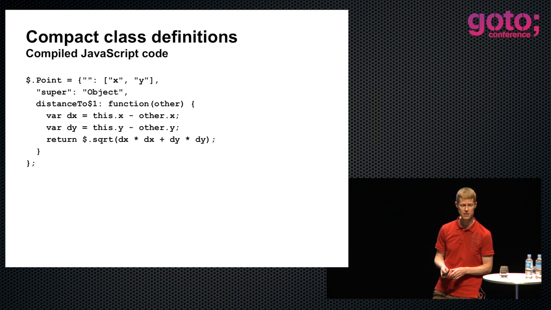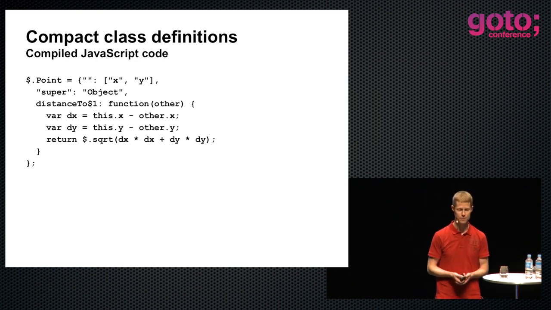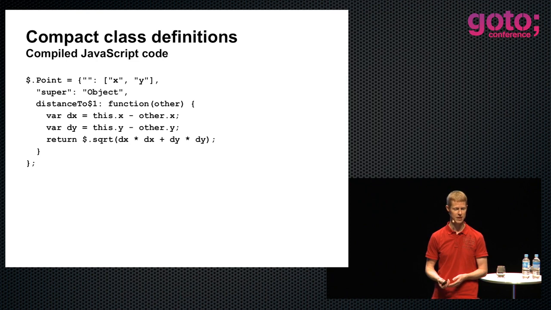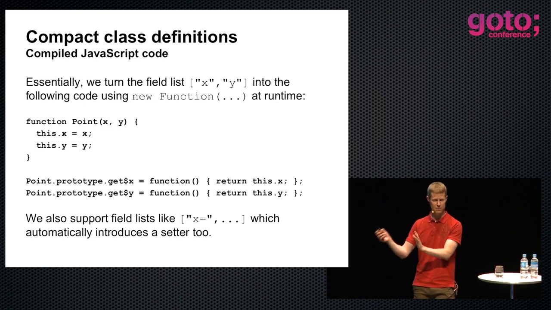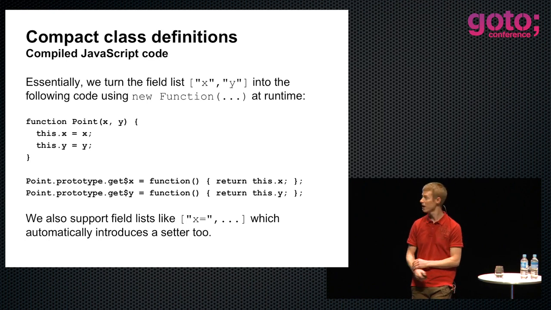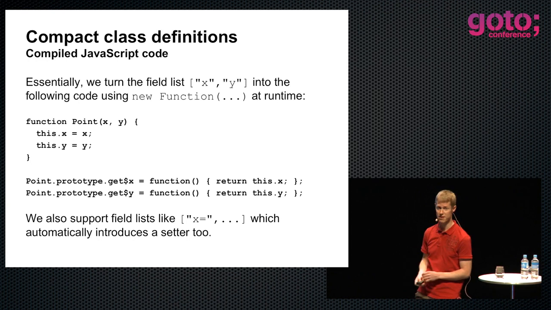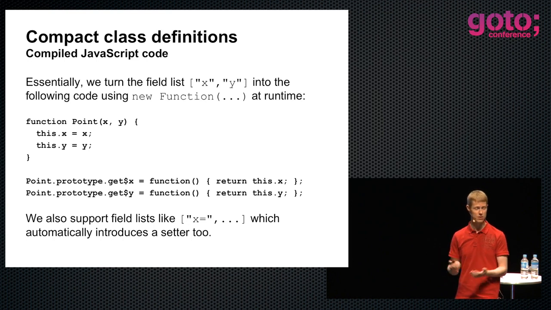So the distance2 method with the $1 arity encoding looks more or less like the JavaScript function you would expect, but the stuff around it is a compact way of introducing classes. We take this list of fields like X, Y, and turn it into code like function point X, Y, this is the X assignment, all that boilerplate. We generate that for you at runtime. Of course, you only have to do this once with the point class.